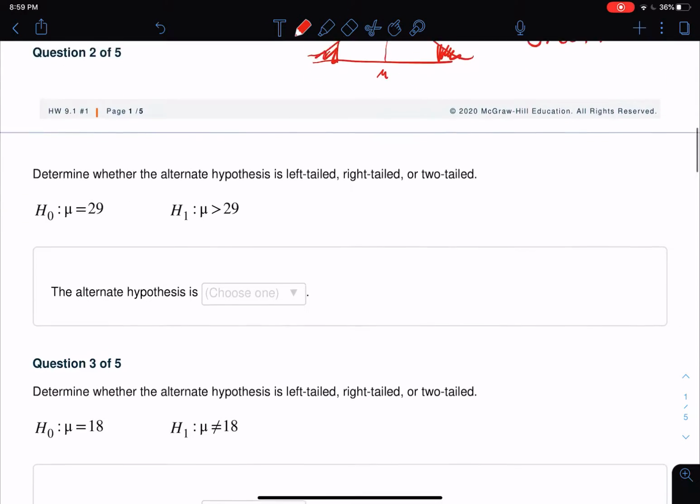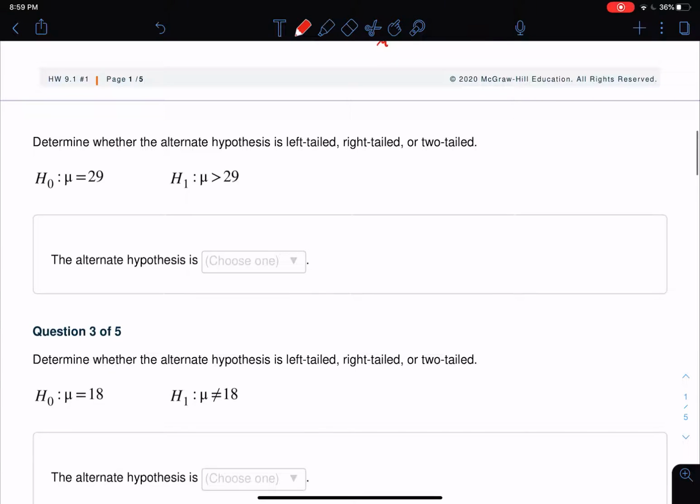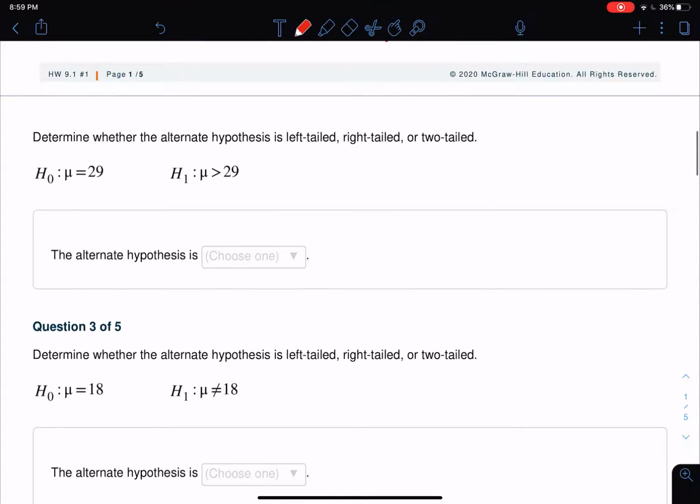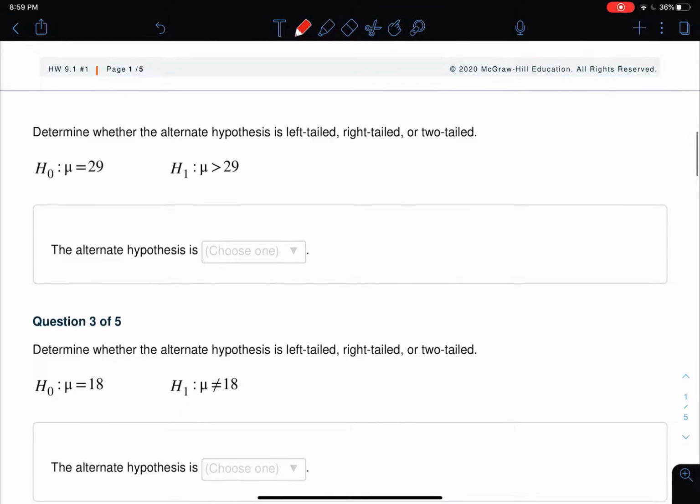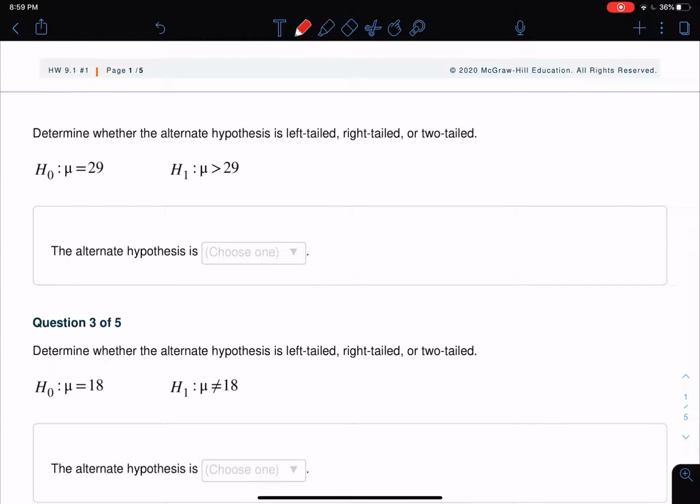Next problem, number 2. Determine whether the alternate hypothesis is left-tailed, right-tailed, or two-tailed. This should go pretty quick. What do we focus on to figure out the tail? We don't look at the null, we look at the alternate hypothesis. Because it's greater than, I think you can already see it, but I'm going to draw it anyway.